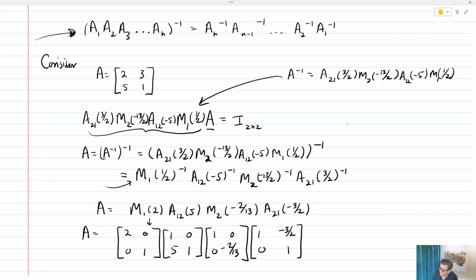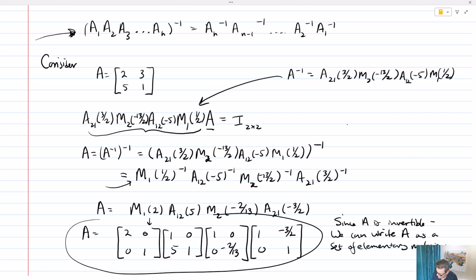And there that is. That's what A is. That's its decomposition into elementary matrices. So since A is invertible, and this is the only reason why this will work, we can write A as a set of elementary matrices. And that actually finishes that up. So there's A.